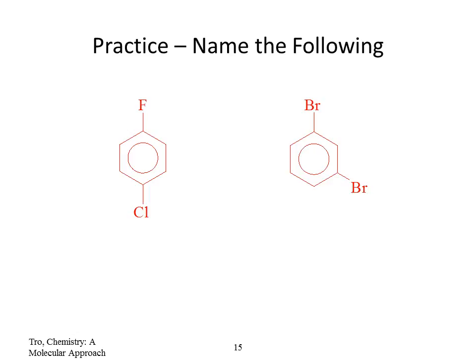Then it would be 1-fluoro-4-chlorobenzene, but we have to put the chloro first according to alphabetical order, so the answer is going to be 4-chloro-1-fluorobenzene. And for the other one, you have two bromines, so it has to be 1,3-dibromobenzene.